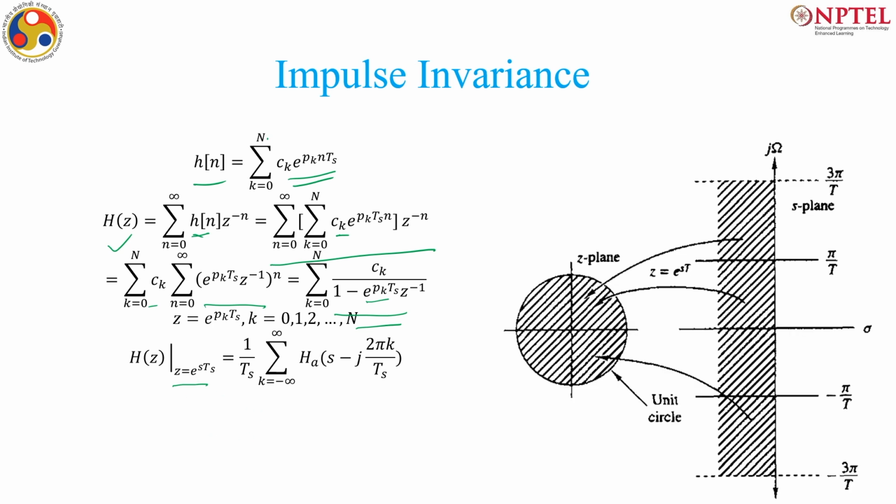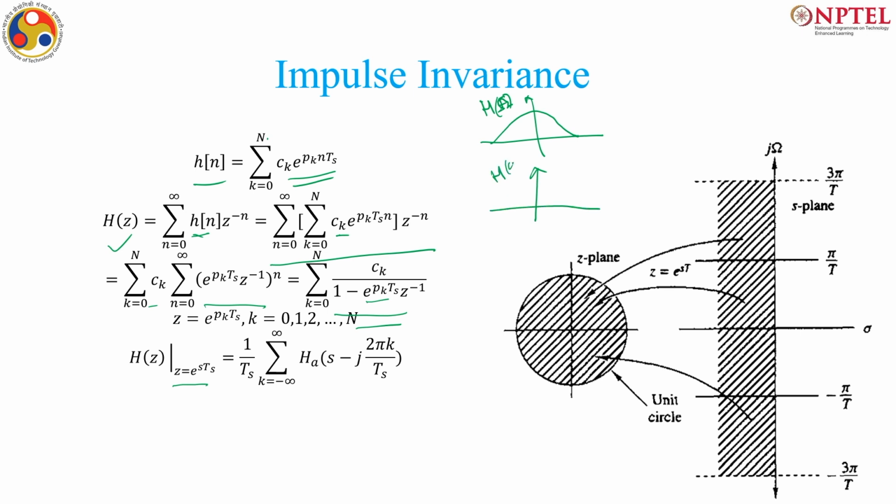Now, there is a situation here. In the continuous domain, if I have a frequency response like this h of f, or say capital omega, which is the analog CTFT, in the DTFT what we get?